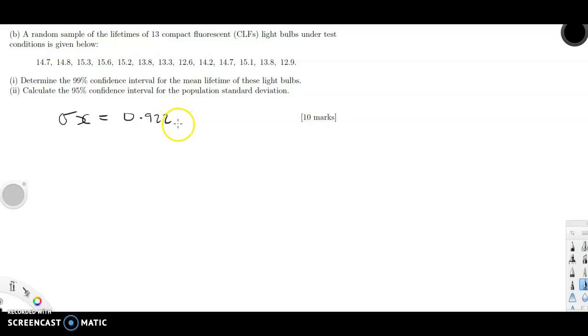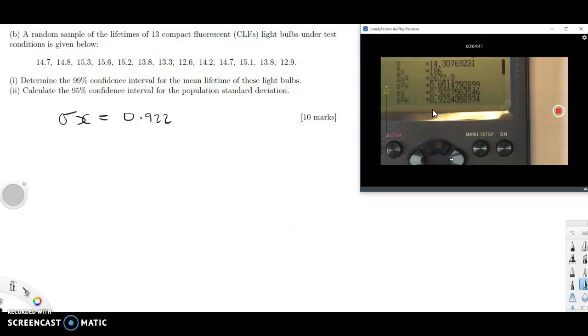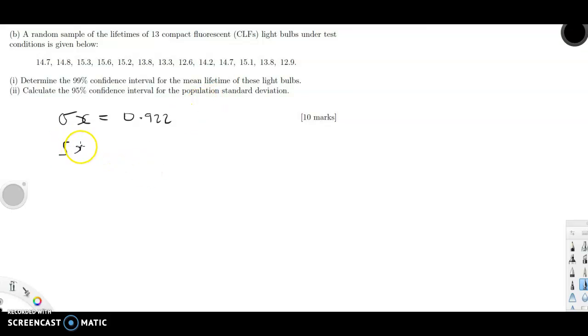Sigma x equals 0.922. And another figure that's noteworthy there. I'm going to go down here on my joystick, and we have sx. sx is 0.96. Right, and it also told us that n equals 13.